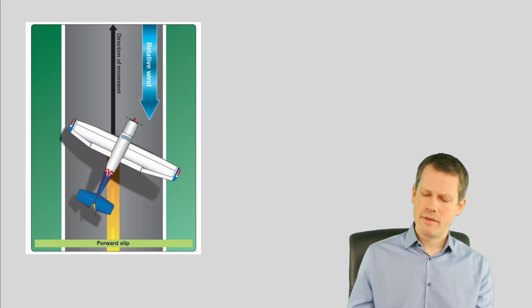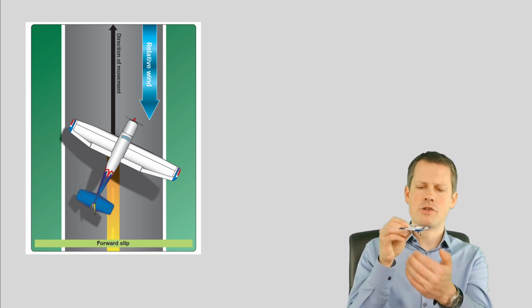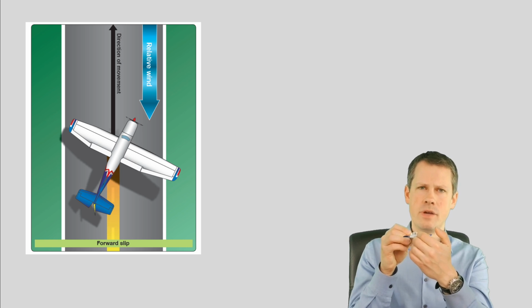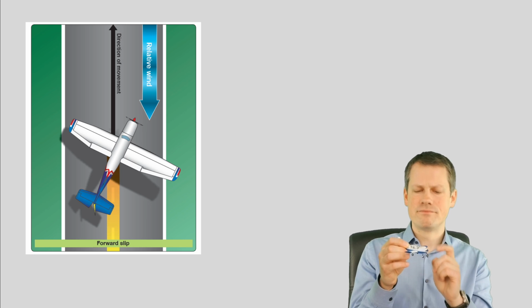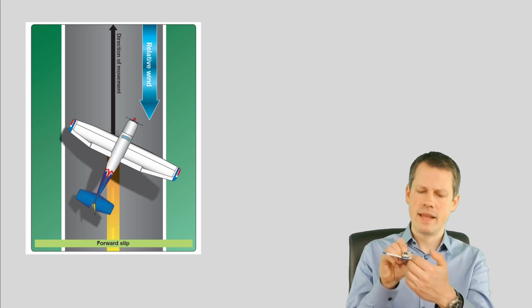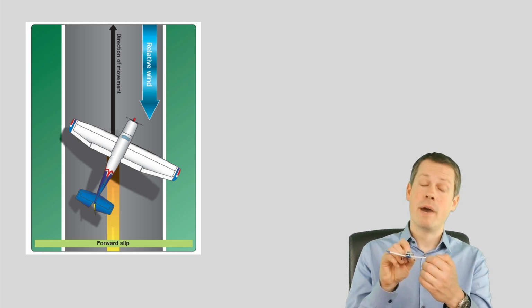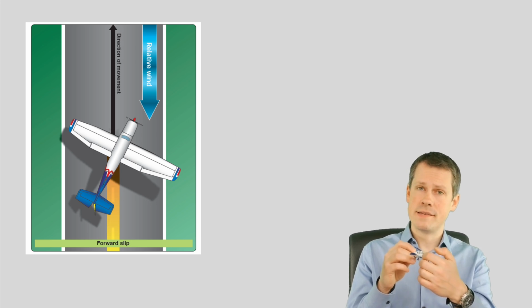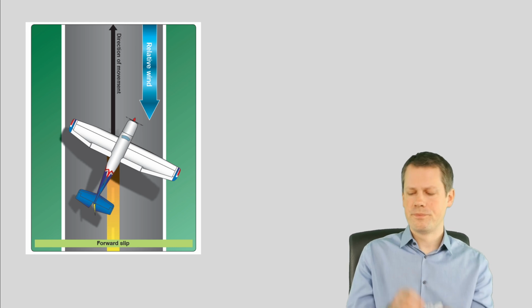Also keep in mind that due to this attitude during the slip, with one side of the airplane in the airstream and the other one kind of in its shadow, you will have false airspeed readings because the airflow is not going straight into the pitot tube anymore, but it's going more directly into the static port if it's on that side, in this example.